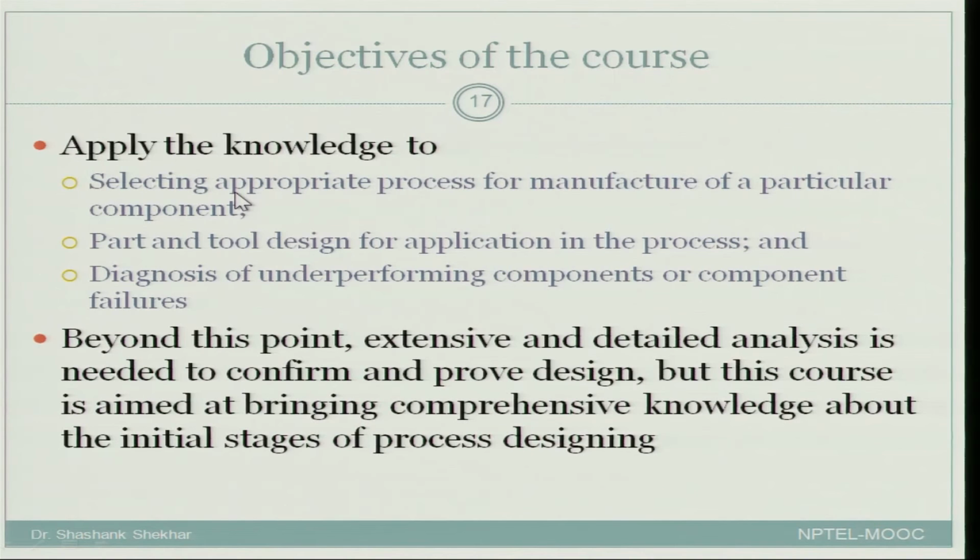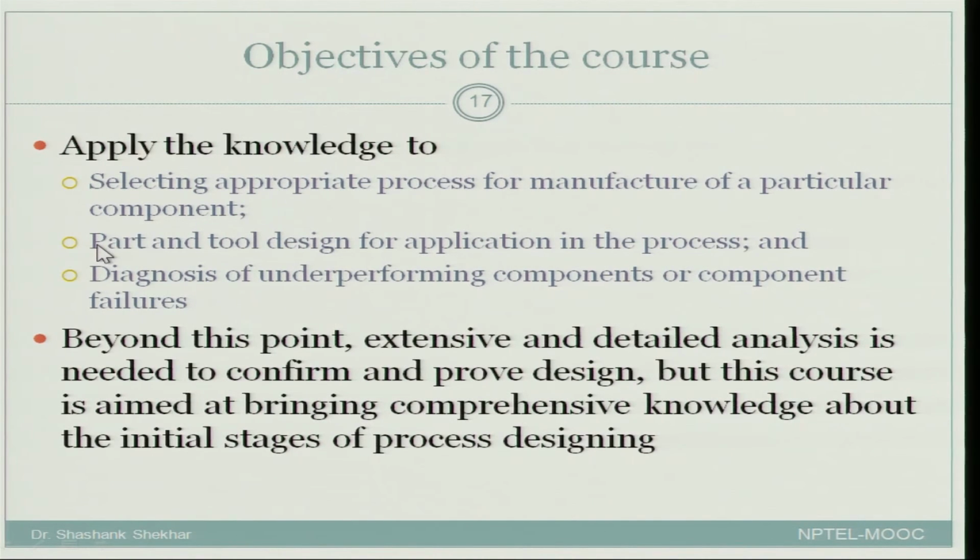One, what we gain from this, we apply that knowledge to selecting an appropriate process for manufacture of a particular component. For example, you saw the thread making in screws and bolts. Now you could have applied machining over there, or you could have as well applied rolling. So if you are able to understand the fundamental science involved over there, you can select the appropriate process.